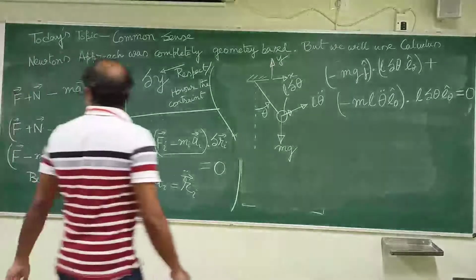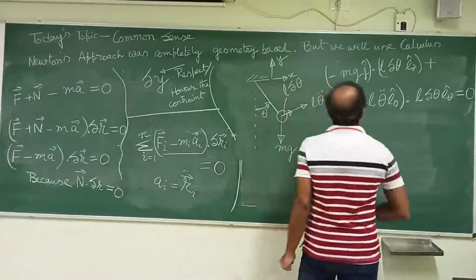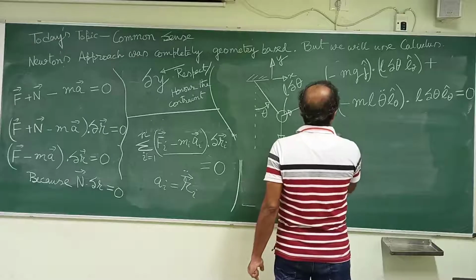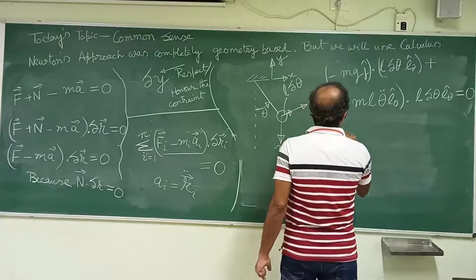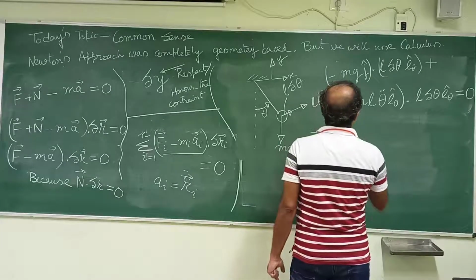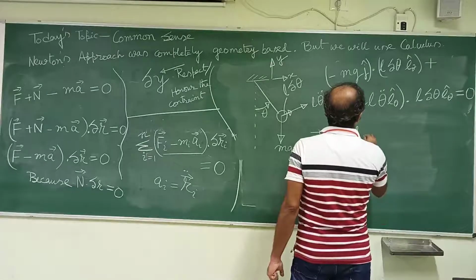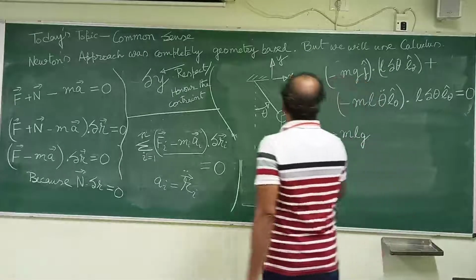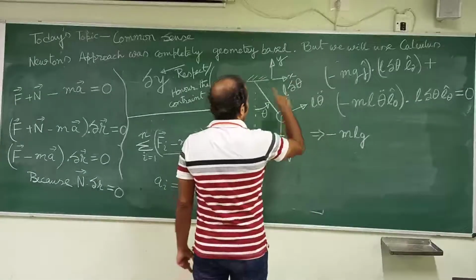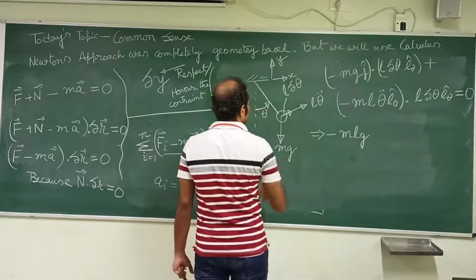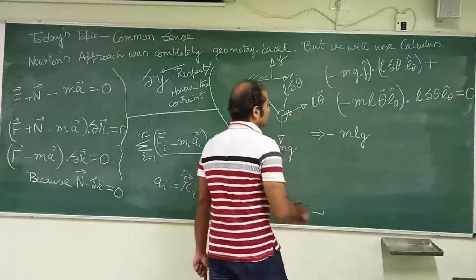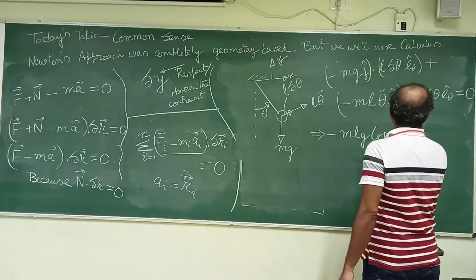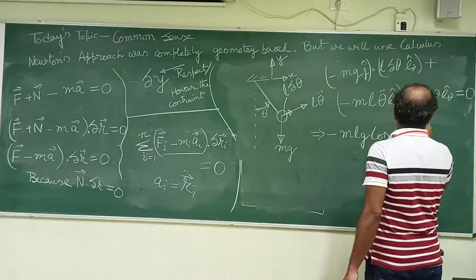Okay. Now let us solve this part. So it is going to be minus m L g, and it is between j and this, so it is actually this angle, so it is going to be cos of 90 degrees plus theta.